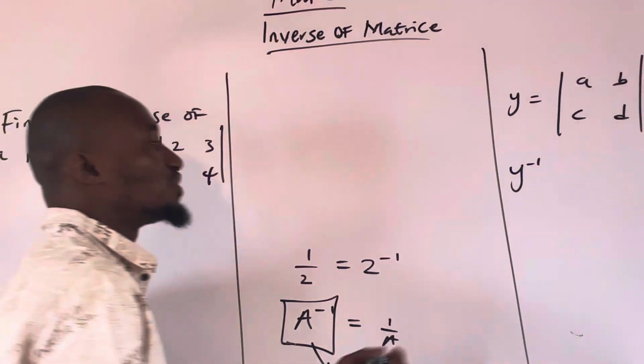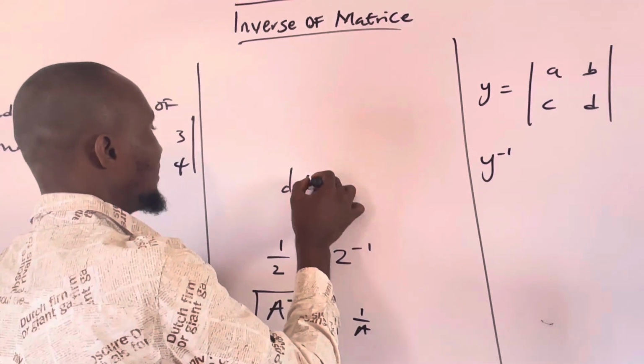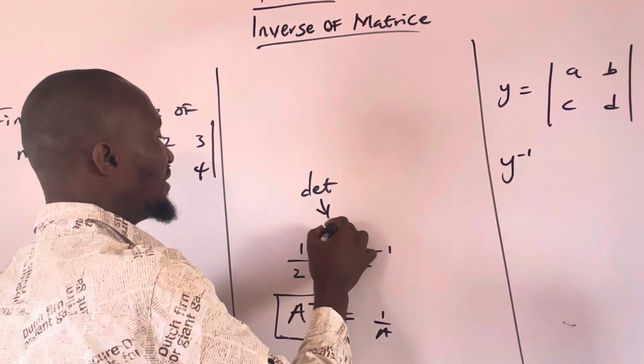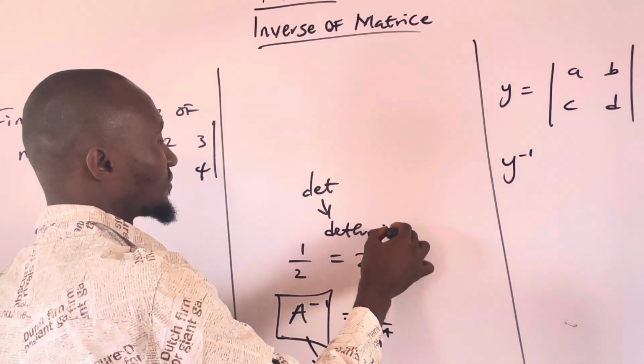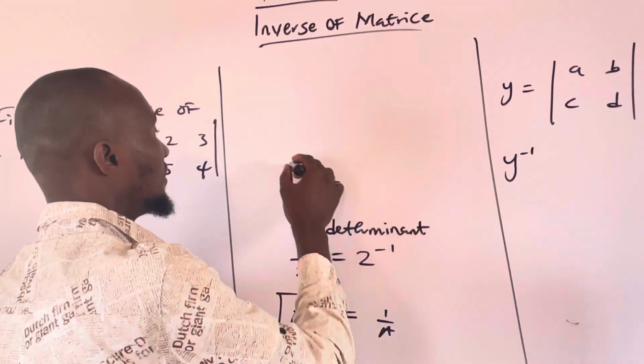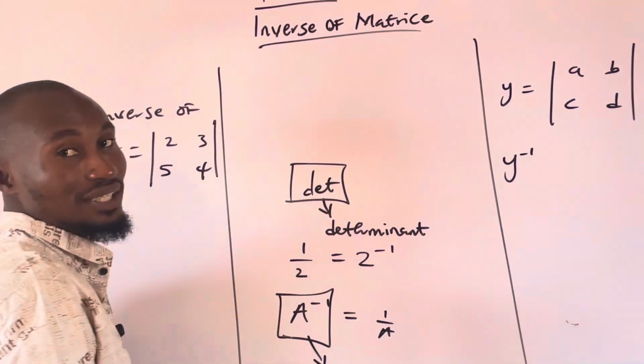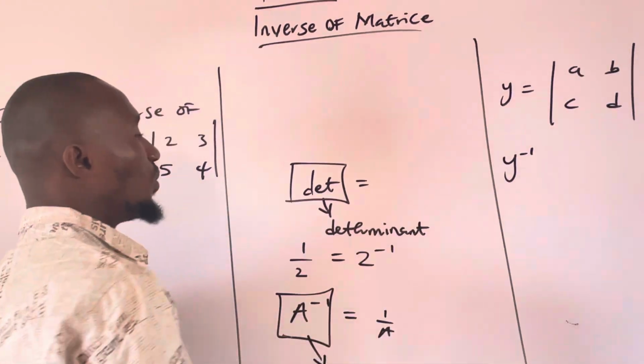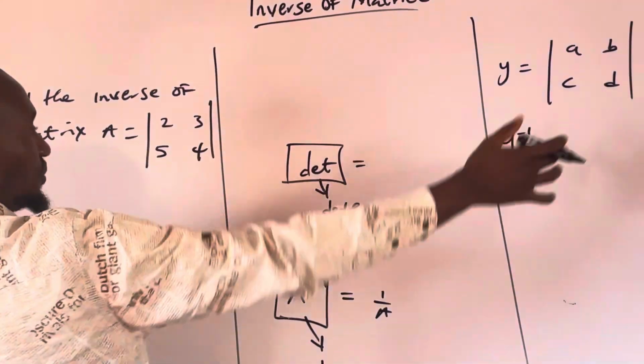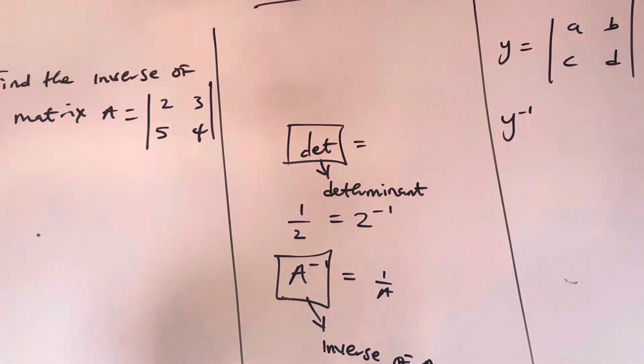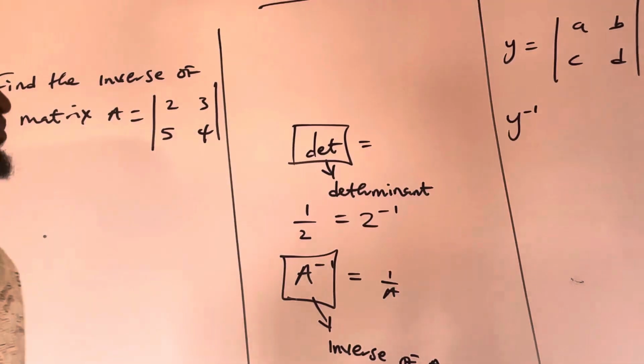Before we continue, I want you to know that det, which means determinant, is equal to, I will show you there. Then I will come here and finish it off.